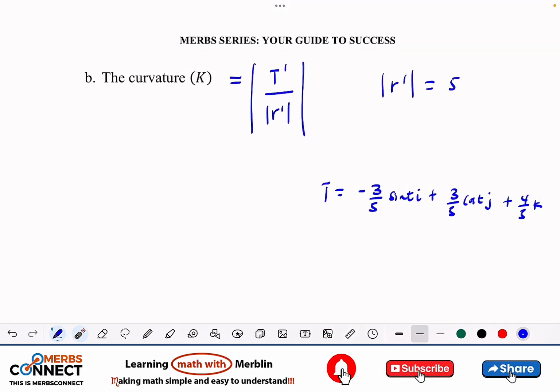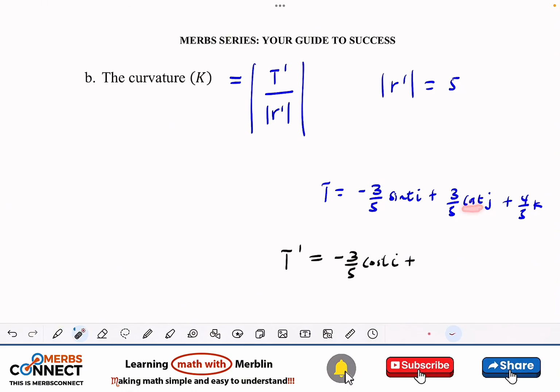Right. So now that we have the magnitude of r prime here, we just need to look for t prime. So let's find t prime. Now t prime is equal to, let's differentiate sine. We get cos. So this is going to give us minus 3 divided by 5 cos t i. And when I differentiate cos, I'm going to get minus sine.